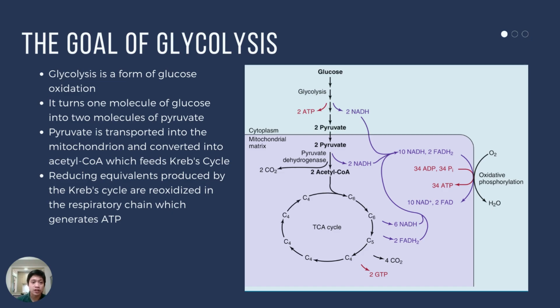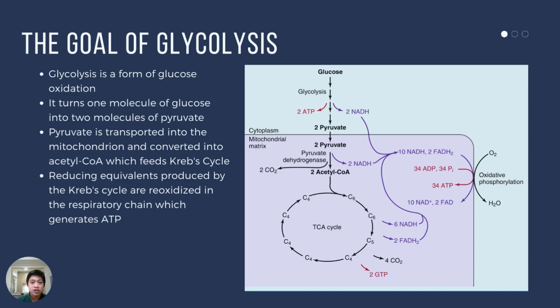Pyruvate is then transported from the cytosol into the mitochondrion, where it is transformed into acetyl coenzyme A. And acetyl coenzyme A is taken up by the Krebs cycle or the TCA cycle, otherwise known as the tricarboxylic acid cycle, where reducing equivalents, which technically just hold electrons, and these are your reduced NAD or NADH and reduced FAD or FADH2, are produced.